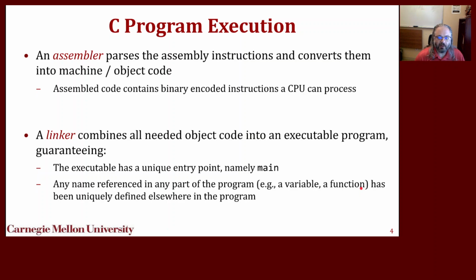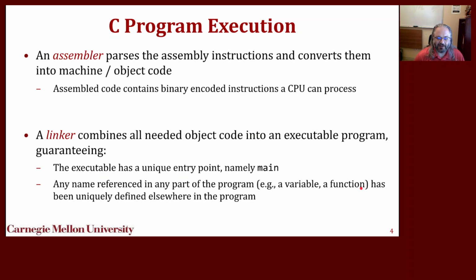Now the last task is an important one, and this is called linking. The linker, which performs the linking step, makes sure that all of the information needed to execute the program is now combined into a single executable. And for our purposes, the linker essentially provides two guarantees.